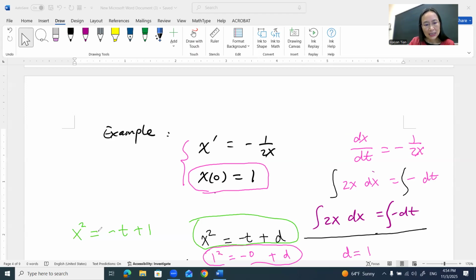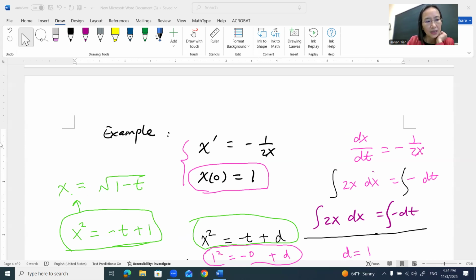But of course, we should take a square root, right? So x squared is 1 minus t, right? From here, we can get x by taking a square root of 1 minus t. But now the question comes, do we take a positive square root or negative square root?